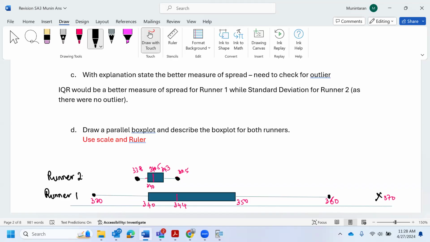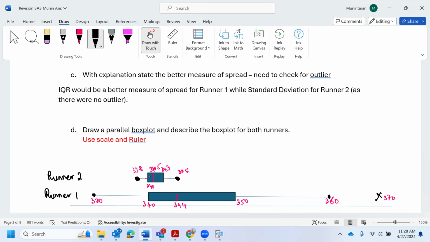There's too much of uncertainty here from 330 moving all the way to 370. There's a lot of variation, whereas the runner 2 is very consistent, right? Very consistent.